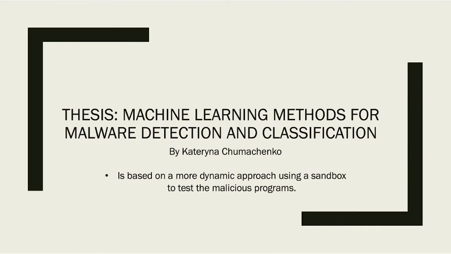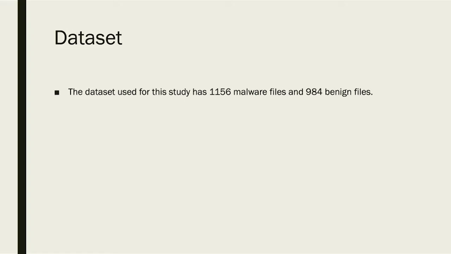The next paper is a thesis called Machine Learning Methods for Malware Detection and Classification. This thesis is based on a more dynamic approach, using a sandbox to test the malicious programs. The dataset used for the study has 1,156 malware files and 984 benign files, which are clean files.